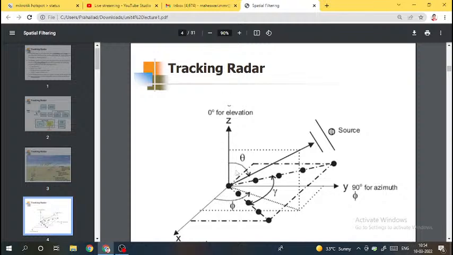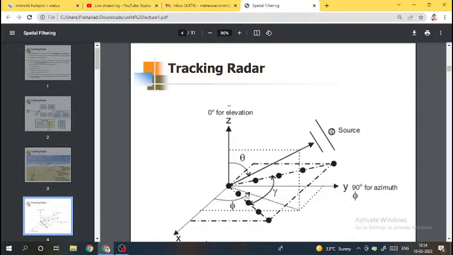The angle made by this range line with the elevation axis will give you the elevation theta. Now if you project this onto the xy plane and connect it to the radar center, the angle made with the x coordinate, which is orthogonal to the z axis, is the azimuth angle.